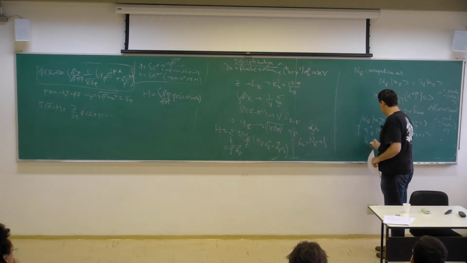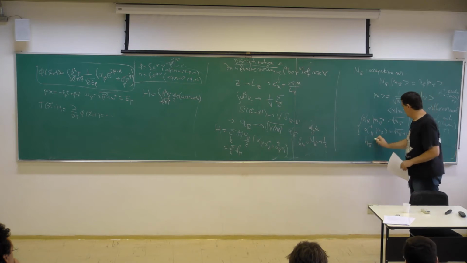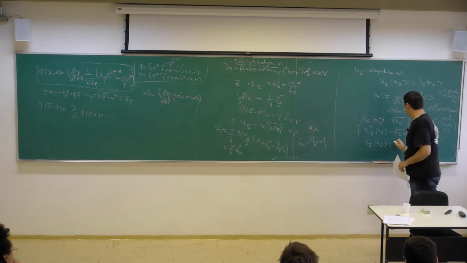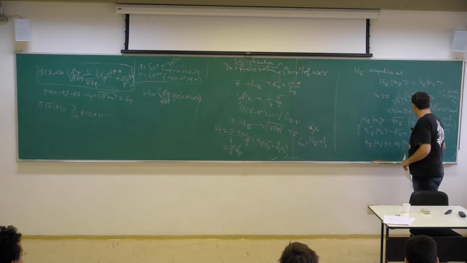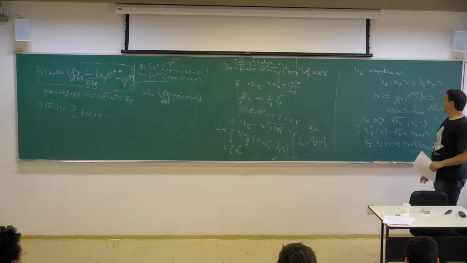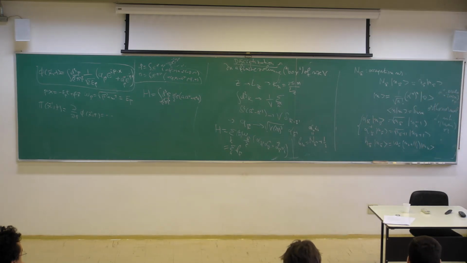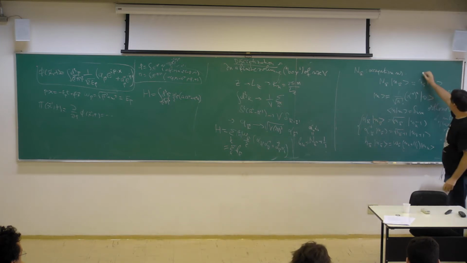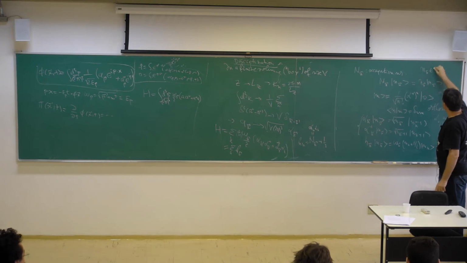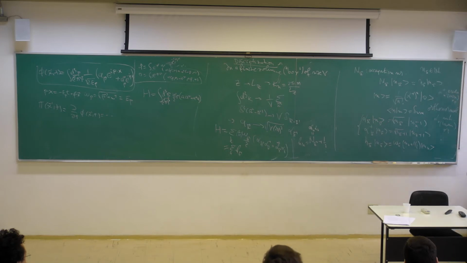And then the Hamiltonian on the state n k gives omega k times (n k plus a half) times the state n k. All right. So from this we see that n k is a natural number. It's the occupation number of the state. Okay.